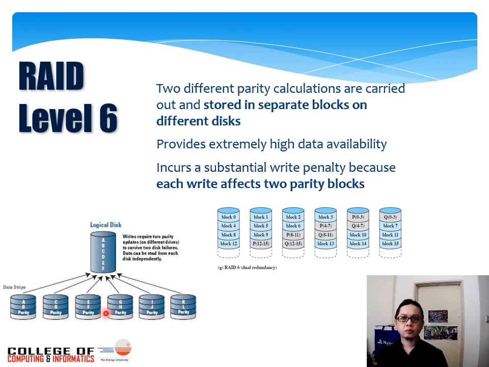This provides high data availability because you have the parity information. So in case anything happens, you know the distribution, where it is going to, which disk has the backup.